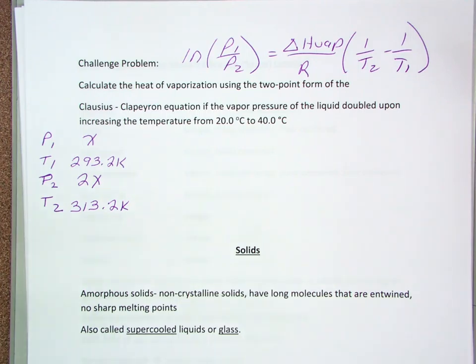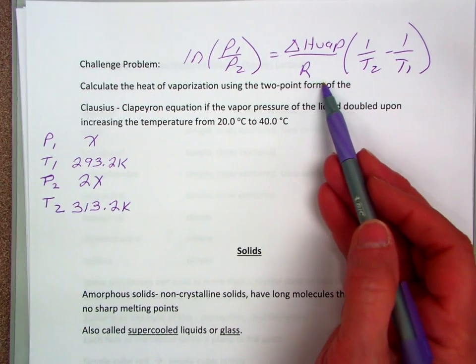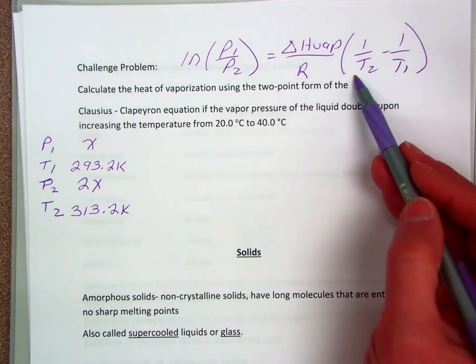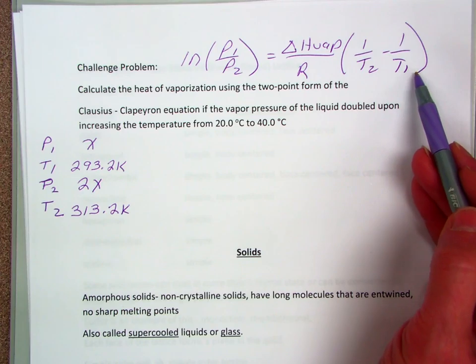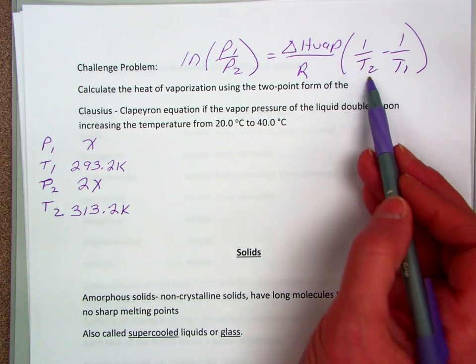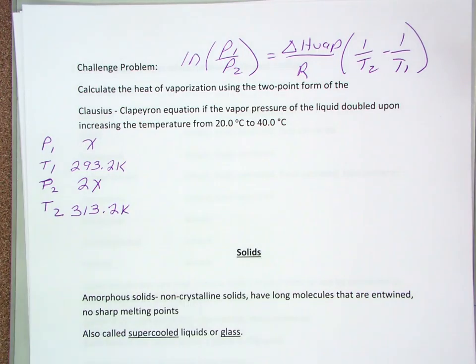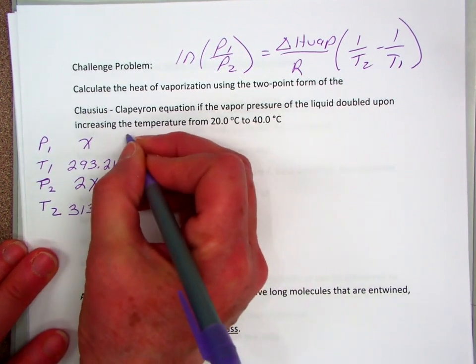No, it's not negative because when I switched it to the 2-point form, I got rid of the negative sign here and switched these by kind of multiplying the whole thing by -1. So T2 is first, and that goes with the P1 that's first and on top. Otherwise, it would be. So we can go ahead and plug the numbers in.